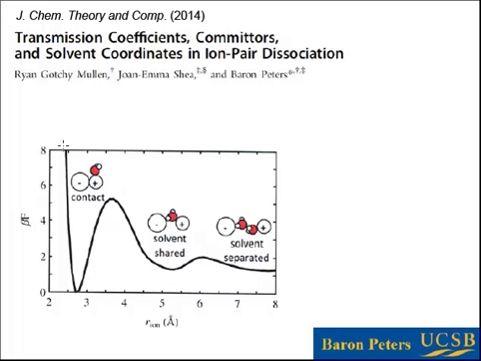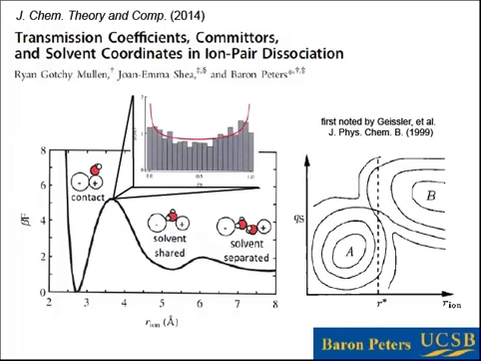So this is the potential of mean force for the distance between two ions. And you would think, looking at this diagram, that right here at 3.7 angstroms, which corresponds to the barrier in the potential of mean force, you should have a bunch of transition states. That is to say that configurations launched from a distance of 3.7 angstroms, regardless of what the water molecules are doing, 50% of those should go and form solvent-separated pairs, and 50% should go and form contact pairs.